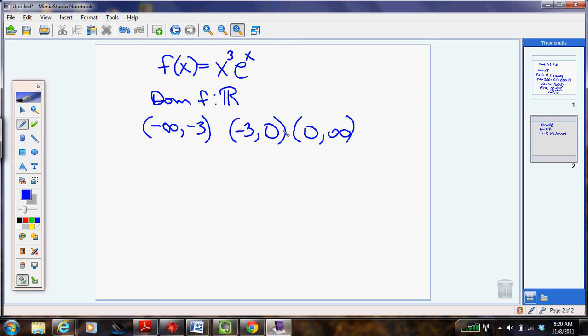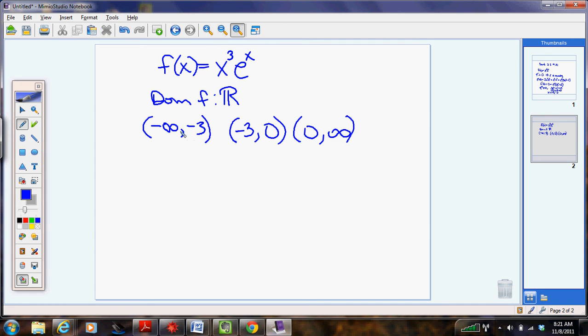Now, we know by our algebraic work from before that f prime only equals 0 at -3 and 0. And so on all of these intervals that we have here, f prime has to be either positive or negative, and only one or the other on that interval.